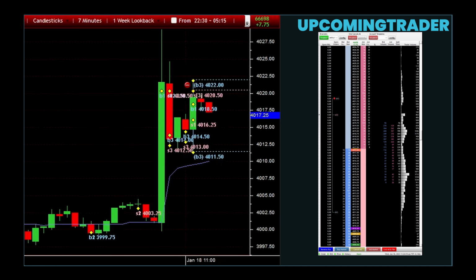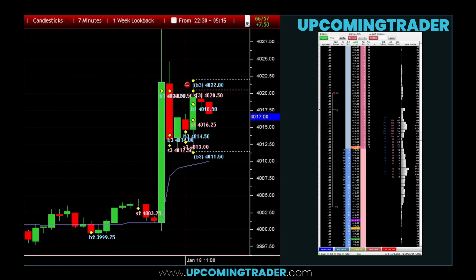Another powerful pattern to look for is the head and shoulders pattern. This pattern typically indicates a reversal in trend and consists of 3 peaks: a higher middle peak, the head, and 2 lower peaks on either side, the shoulders.